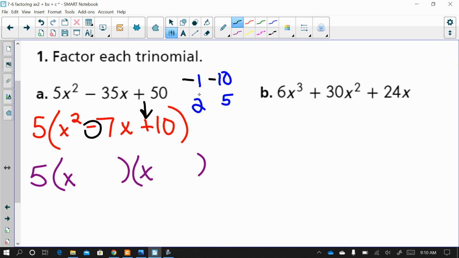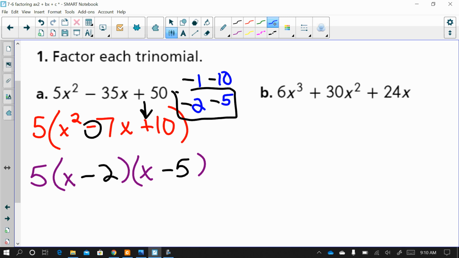So negative 1, negative 10, negative 2, negative 5. Which one of these gets me to 7? The 2 and the 5. So minus 2, minus 5. And there's your answer. Okay, next one again, pulling out that GCF. What goes into 6x cubed, 30x squared, and 24x? Well, 6 goes into all of them.